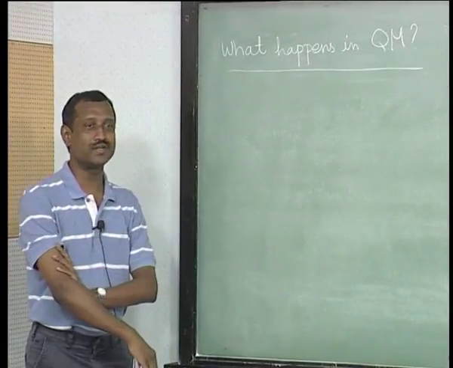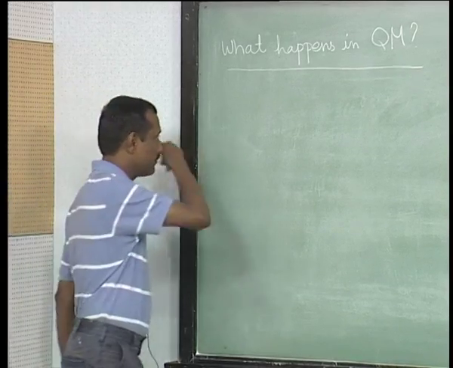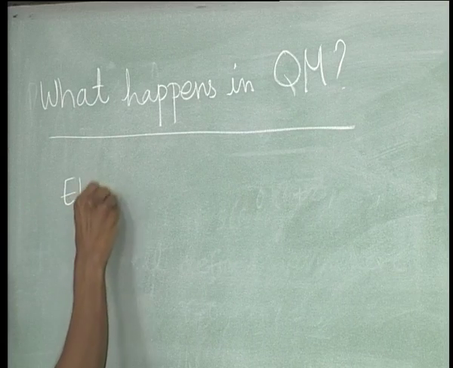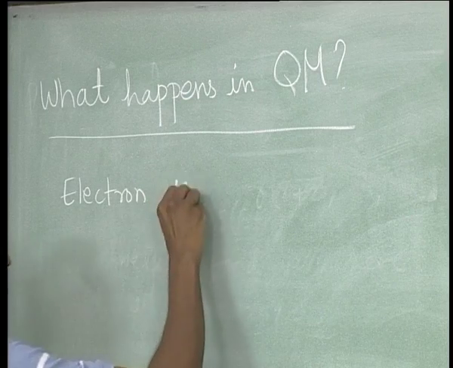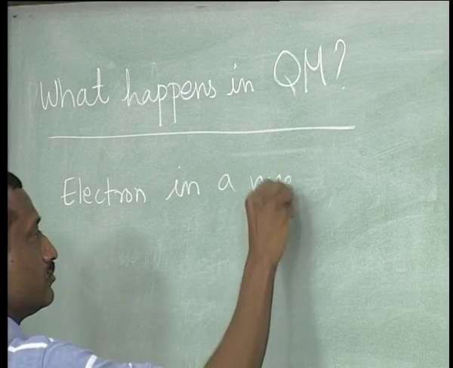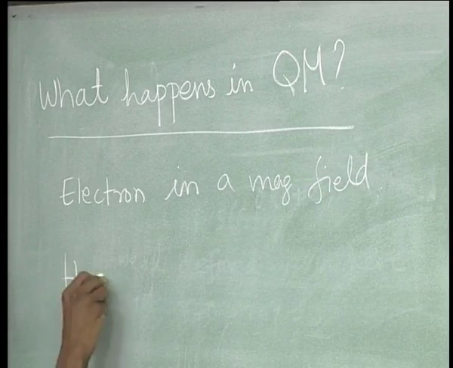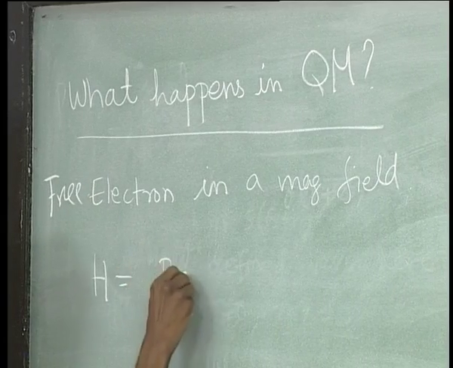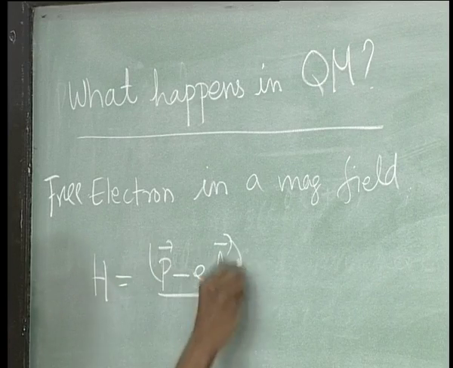Okay, and this is the most interesting part of the story. The first thing is, let us consider an electron or any electrically charged particle in a magnetic field. The Hamiltonian, just a free electron, would be p minus eA whole square by 2m.